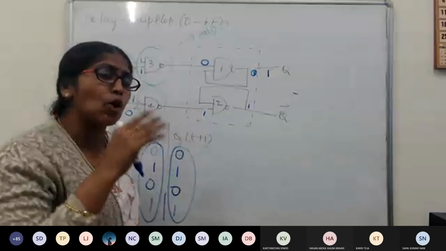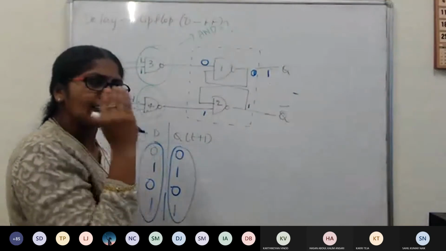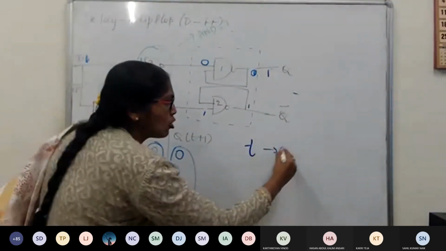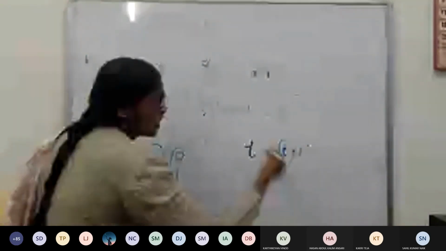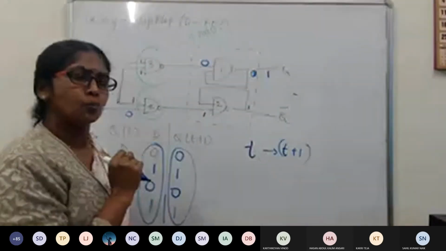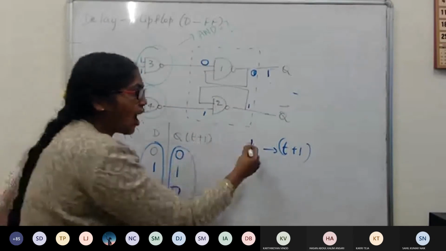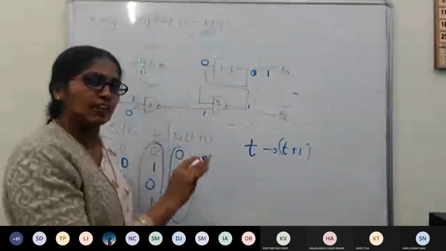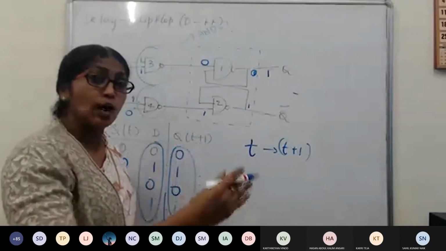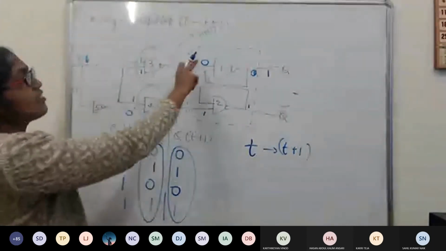If this is 0 here, this is 1 only. That's why it is satisfied. But that is in the T level. You move to T plus 1. T plus 1 is the state where D is entering. You are calculating only at the T level. I want you to do it at T plus 1. T plus 1 will be worked out only when D will enter.